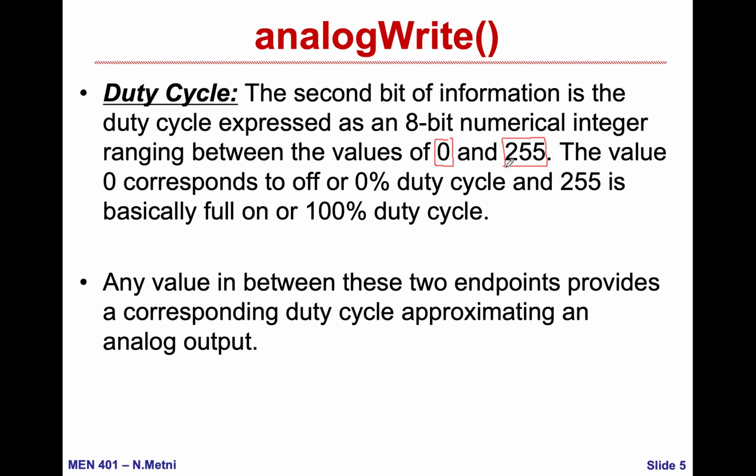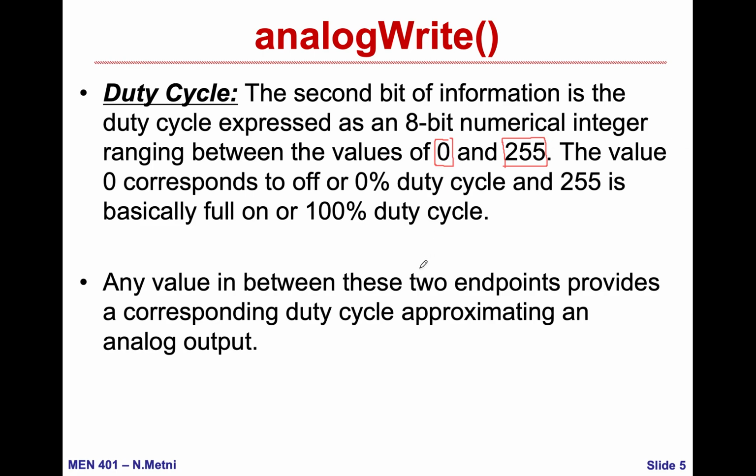When I send 0, it corresponds to a 0% duty cycle, so it's 0 volts. When I send 255, it corresponds to a 100% duty cycle.